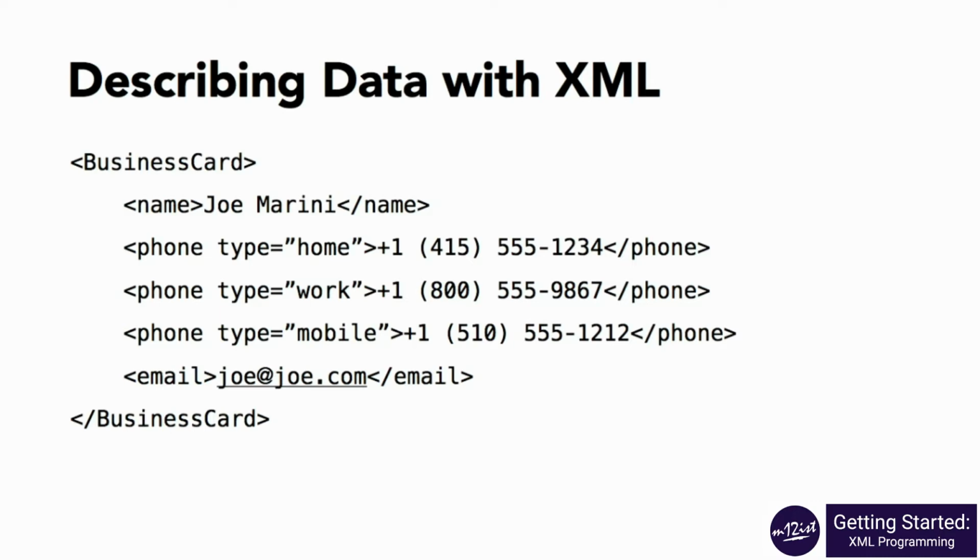Now, that program may not know what a business card is or what the various tags mean, but because XML is an open text-based standard, any application that can read XML would be at least able to extract the data from the business card.